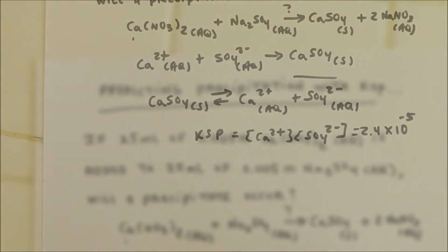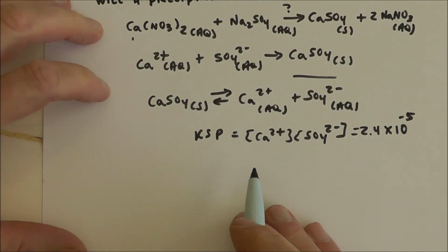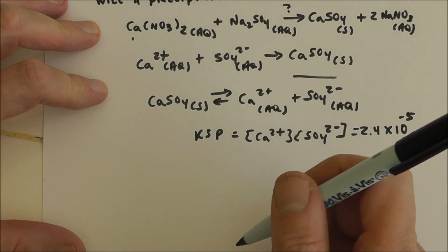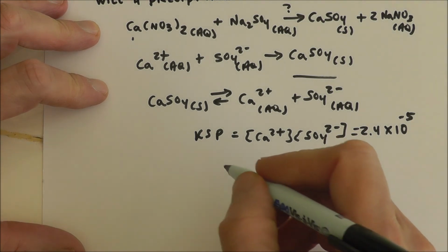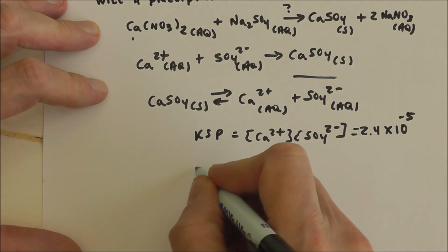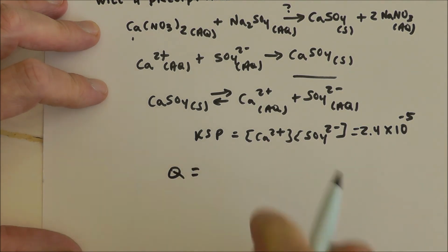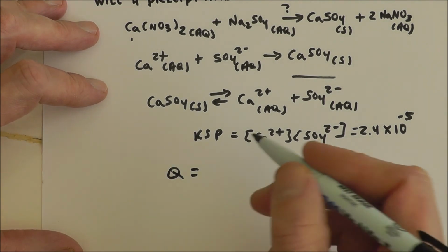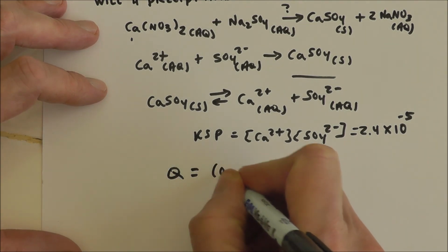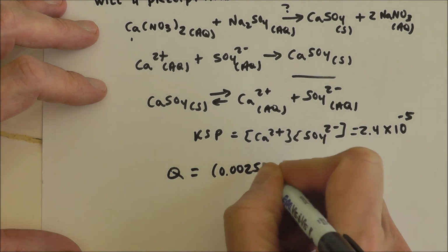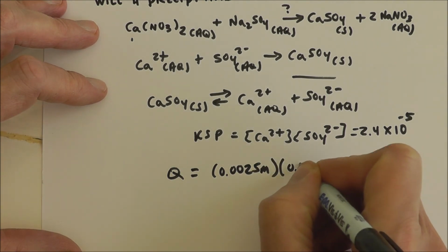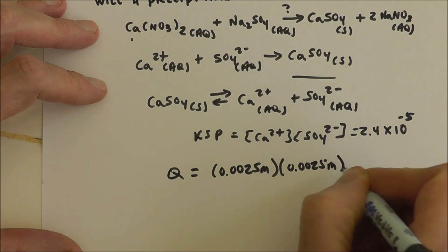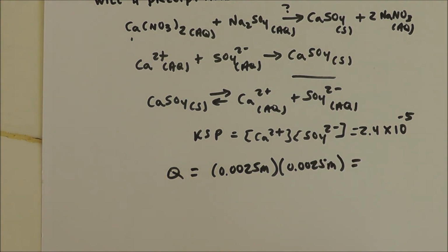All right, so when you add 0.005 molar calcium nitrate to 0.005 molar sodium sulfate, the volumes would add, and so this would be, we'll call this Q. Right? Remember back when we were testing if something's at equilibrium, we call it Q. You can't call it KSP because we don't know if we're going to be there. So this would be 0.0025 molar times 0.0025 molar, and it's going to be some number either bigger or smaller than KSP.